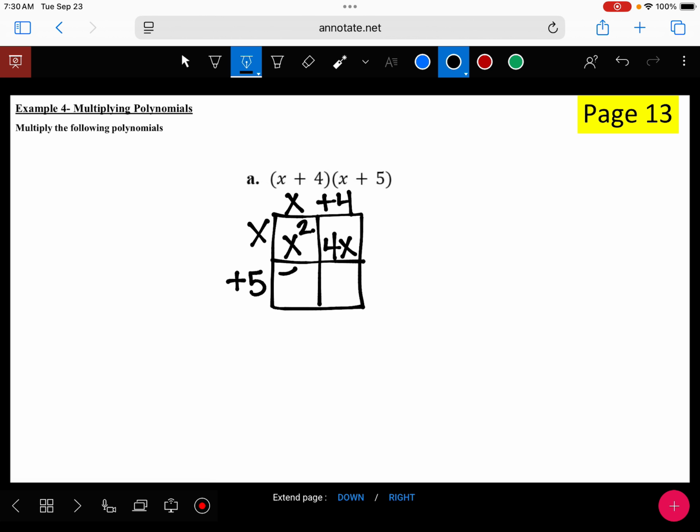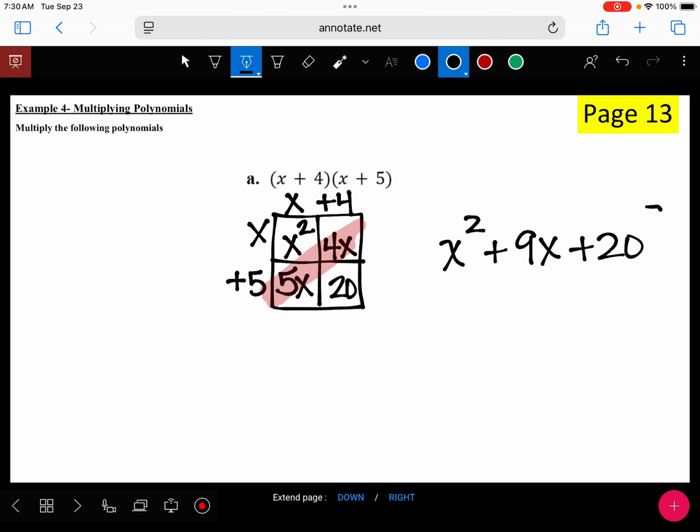Five times x is 5x. And 4 times 5 is 20. Now we do have like terms. These are my like terms. So my final answer would be x squared plus 9x plus 20.